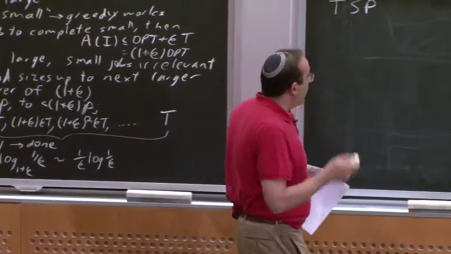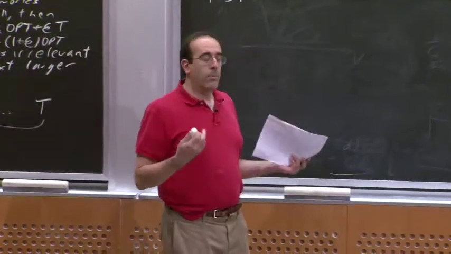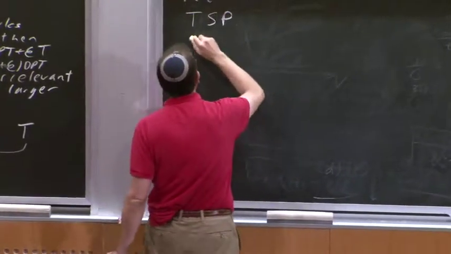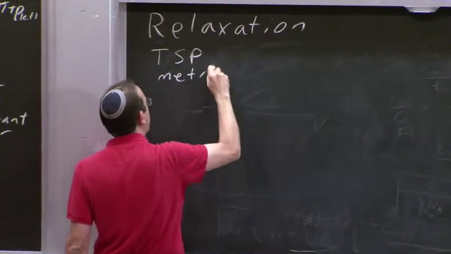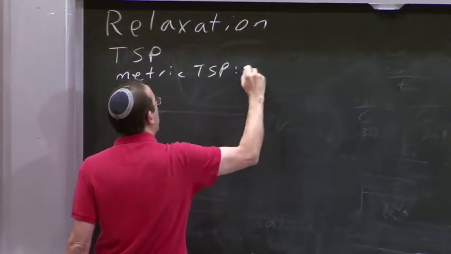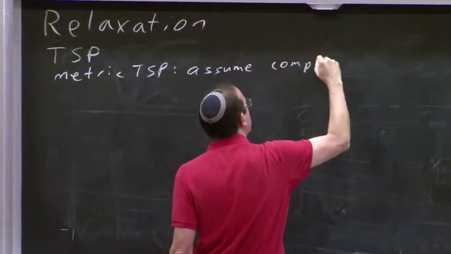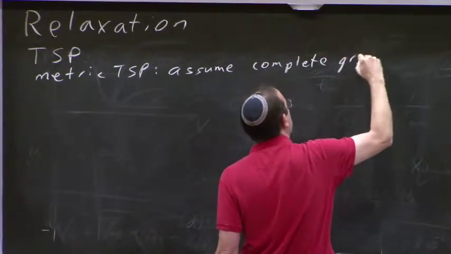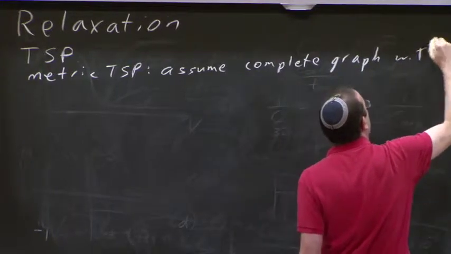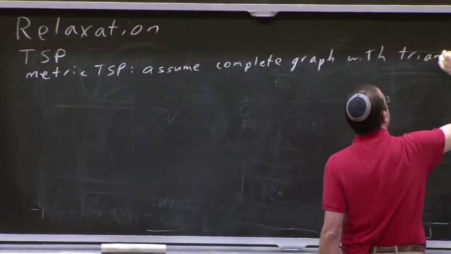And in a sense, you've transformed into the metric version of the problem, where we could assume a complete graph with triangle inequality on the distances.